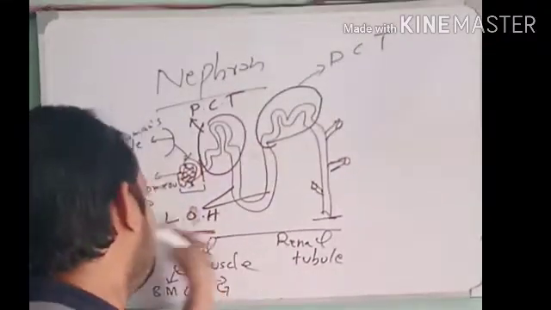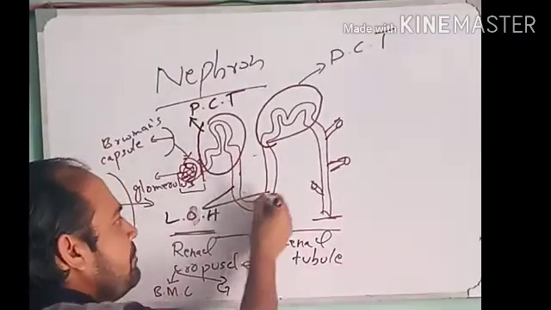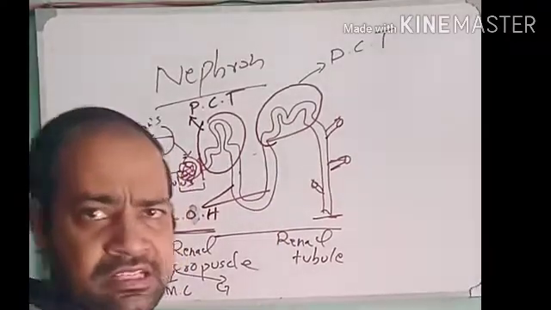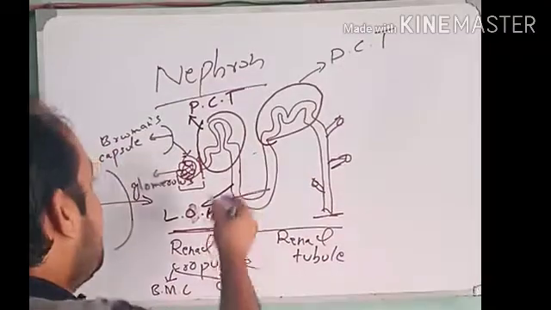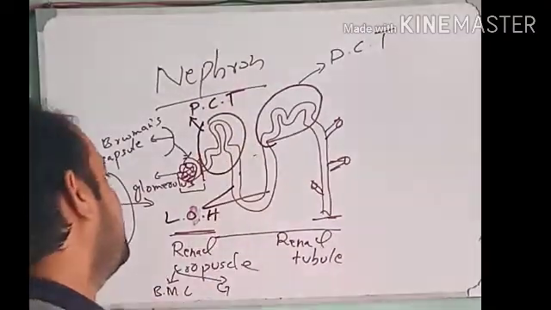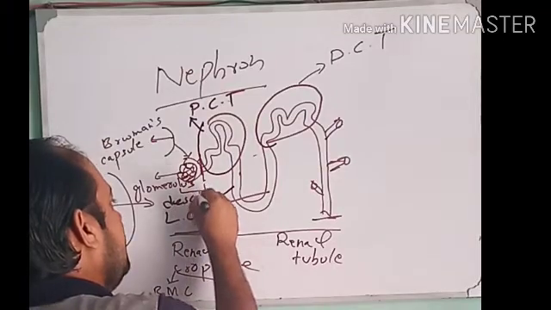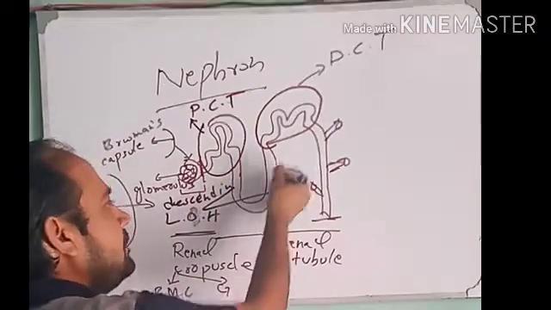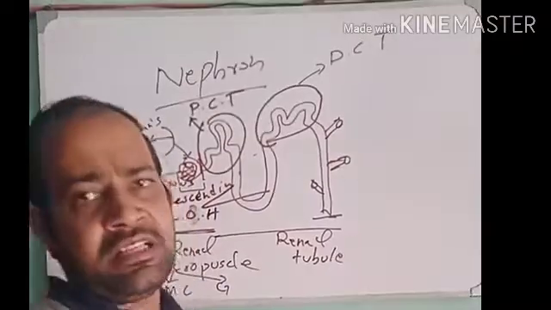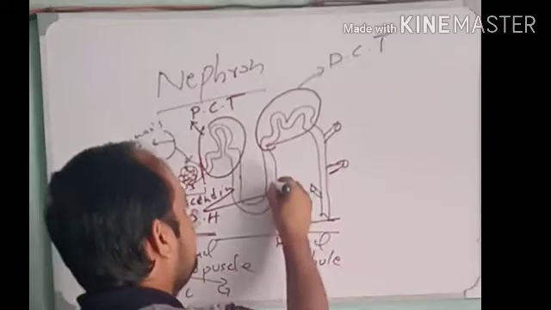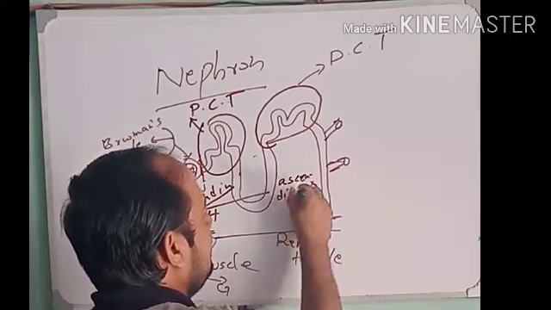The loop of Henle has two arms, this one and this one. The arm which is attached to the proximal convoluted tubule is called the descending limb, and the limb which is going upwards to the distal convoluted tubule is called the ascending limb.